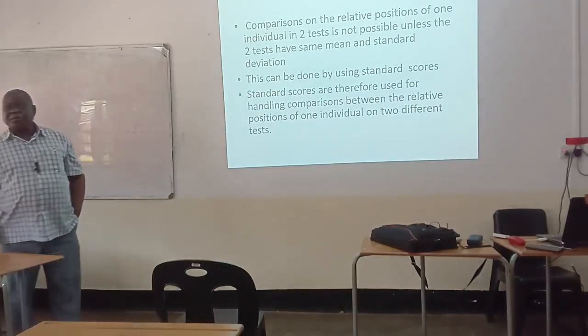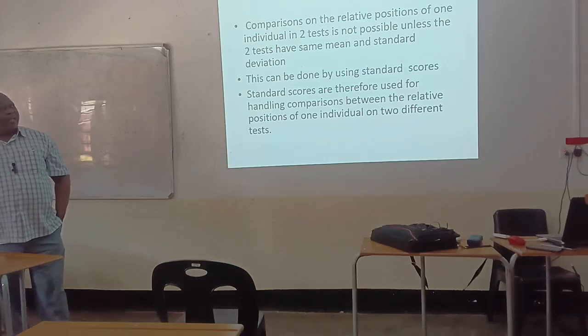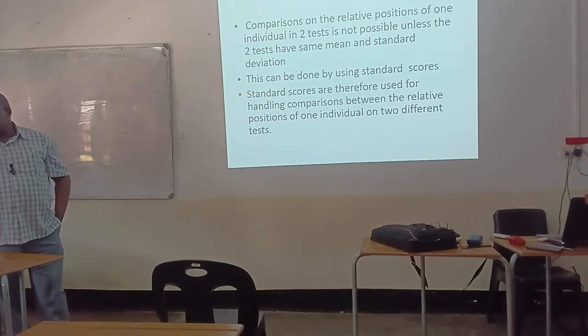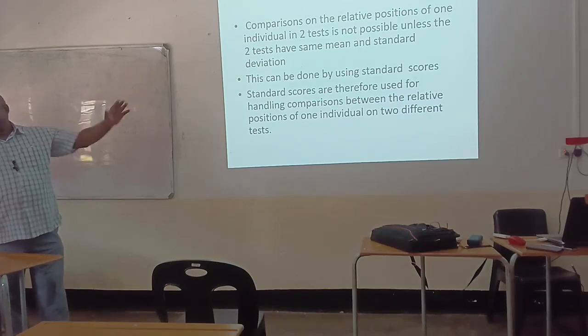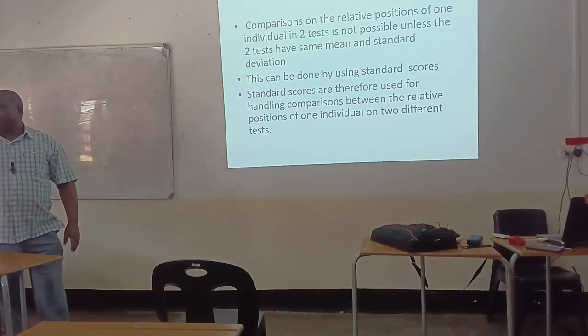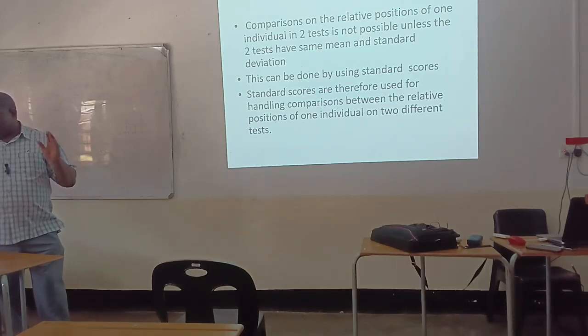We said that standard scores are used when you are trying to make comparisons of distributions, or if you have one test and you want to compare with another test, then the best way to be able to do that is to convert your scores, the raw scores, into standard scores.